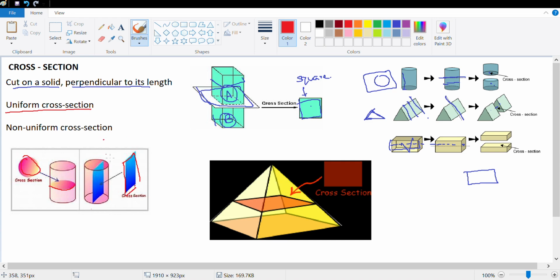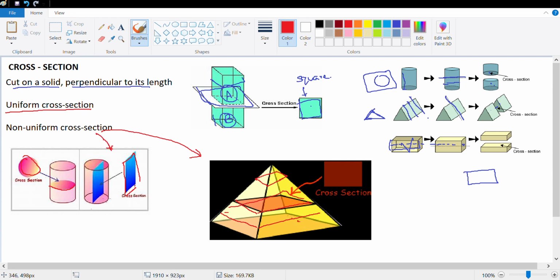A non-uniform cross section is, let's look at this prism in this form. If I cut the prism here, I get a rectangle which is a bigger size. If I cut this here, I will get a smaller rectangle. If I cut this here, I will get an even bigger rectangle. So these are non-uniform cross sections.